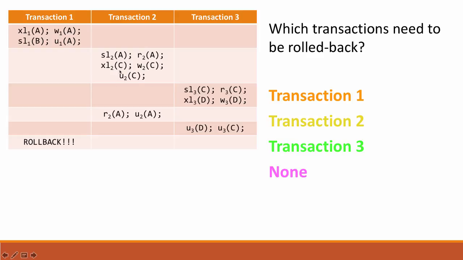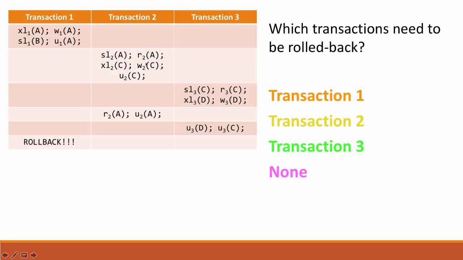But transaction 2 here read from A, and the big problem is it read bad data. It read data that was dirty, data that it should not have been able to read because this transaction needs to be rolled back. So in reality, transaction 2 is now corrupted as well by bad data. And transaction 2 writes to database element C, and transaction 3 here reads from database element C after transaction 2, which it's allowed to do.